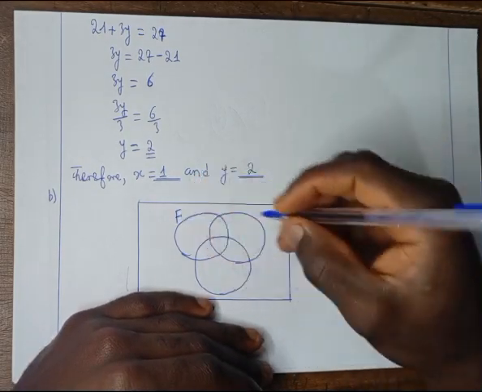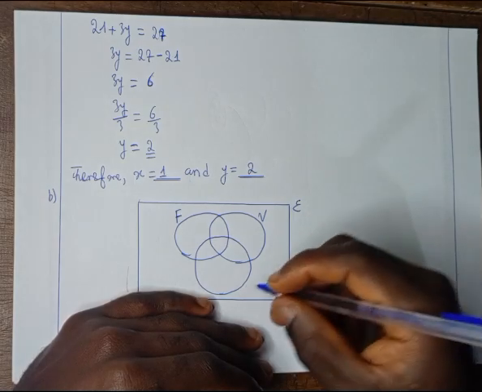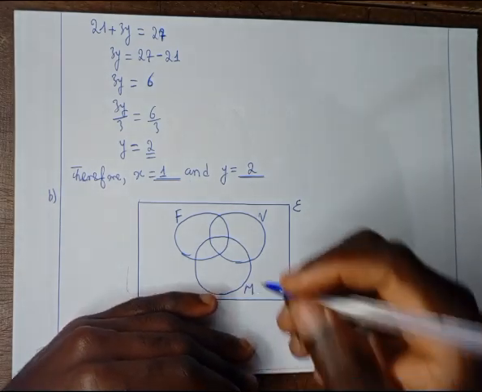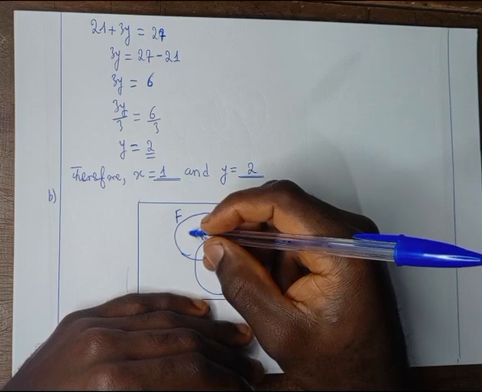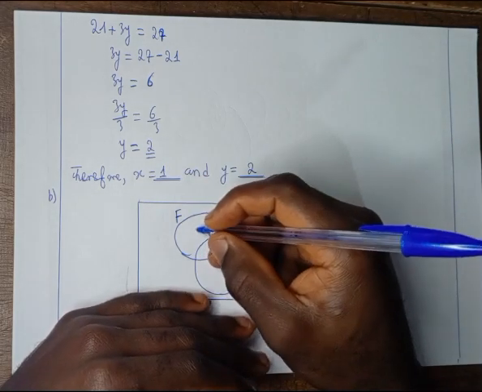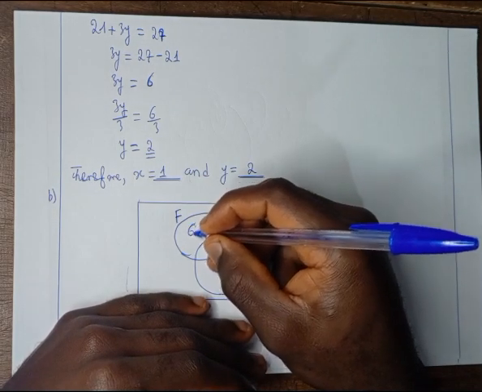For fish, vegetable, and here we have meat. Here we know it is 7 minus x. We know the value for x is 1, so 7 minus 1 gives us 6.